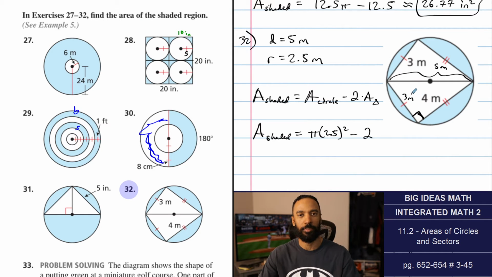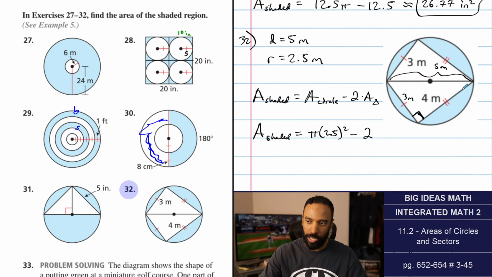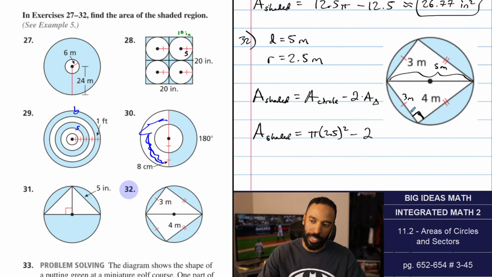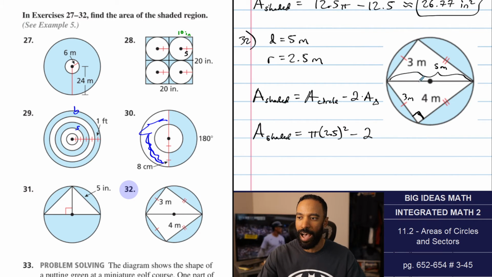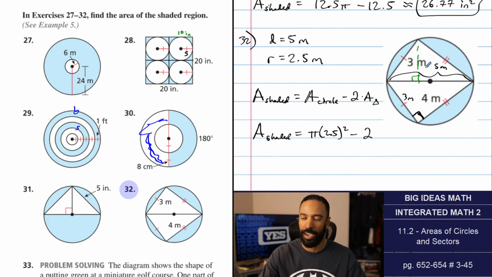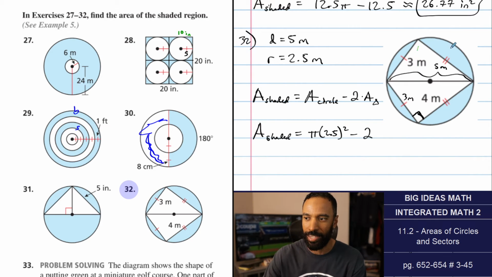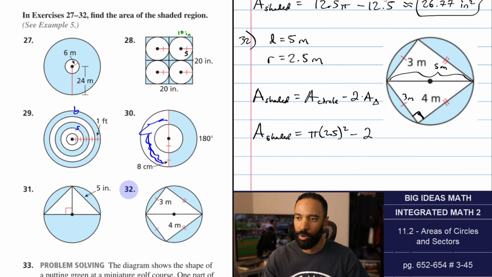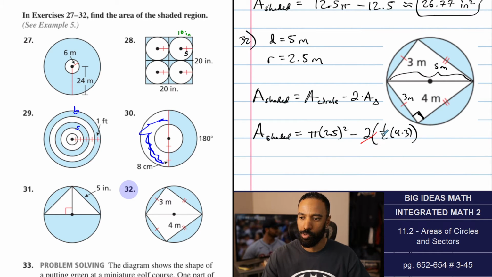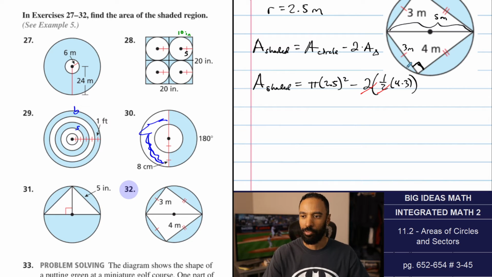You have to remember height is perpendicular to your base, so whatever base side length you choose, I can choose 4, for example, height can be perpendicular like this, 3. So I'm not going to do base is 5 and height is, oh man, now I have to find this height. I don't want to deal with that kind of similar right triangle stuff. We don't have to. We can use the 4 and the 3. So 2 of the 1/2, which will cancel out, times 4 times 3. So 2 times 1/2, boom, gone. And you're left with 4 times 3 there.